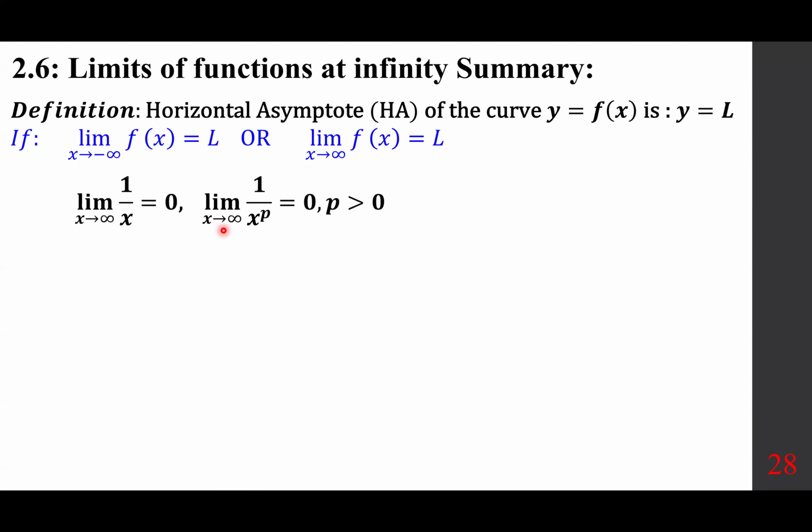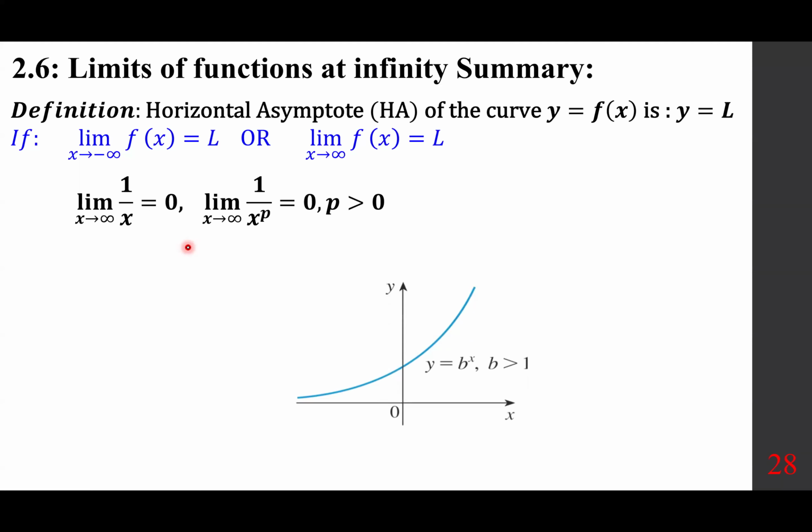The limit of 1 over x to the power of p as x approaches infinity is 0, as long as p is positive. For example, this is a function you probably remember from pre-calculus. And so because this is 0, that means y equals 0, which is the x-axis, is the horizontal asymptote.